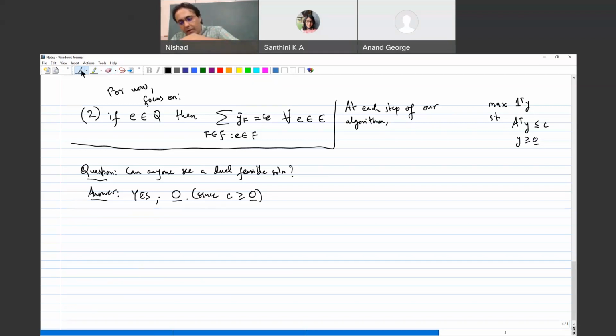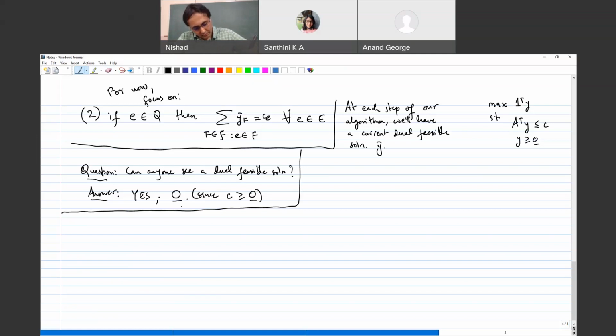So at each step of the algorithm, we will have a current dual feasible solution, y bar, and the first one will be 0.